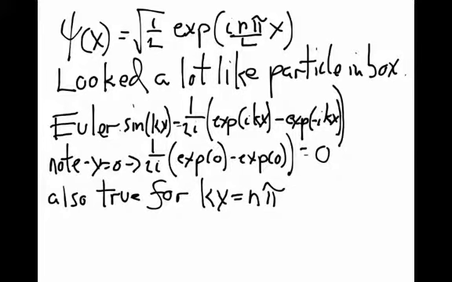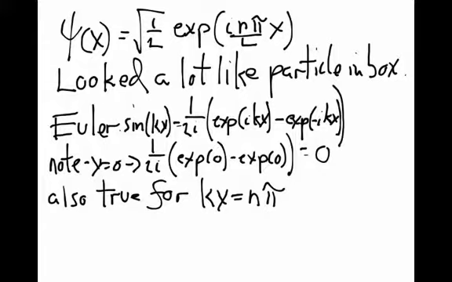So if kx equals n pi, I'm going to get e to the i n pi, which is 1, minus e to the minus i n pi, which is 1 or minus 1, basically, for n equal 1, 2, 3, 4, 5. So those work too. That'll still be a 1 minus 1. So this thing does go through 0 as needed, basically.